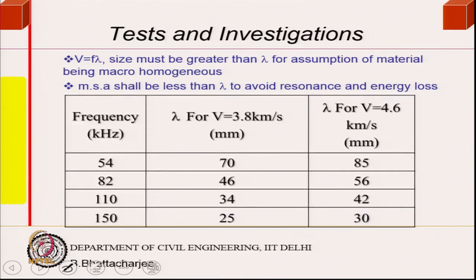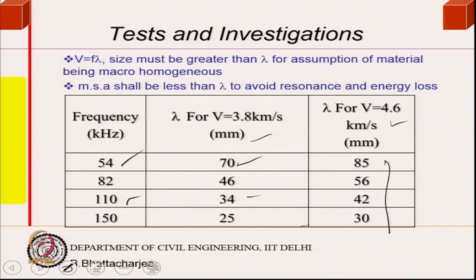MSA shall be less than lambda to avoid resonance and energy loss. So, if the frequency is 54 kilohertz, supposing my velocity is 3.8 kilometer per second, my wavelength will be 70 mm. And 110 kilohertz gives this, and so on, and if the velocity is 4.6 kilometer per second for higher, better concrete, these values.